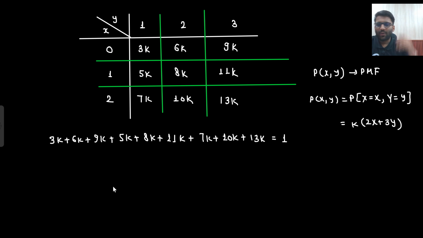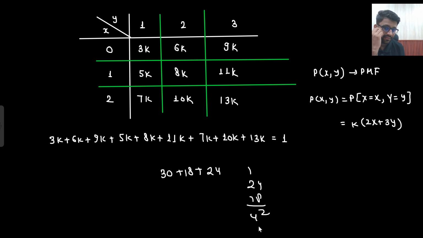So let's add them. 30, 9, 18, 30 plus 18, plus 19, and 19 plus 5, what would that be? 24. 24 plus 18, 72k.